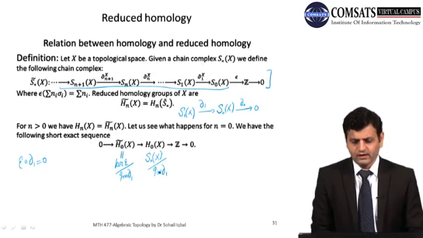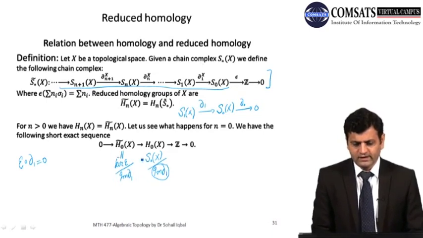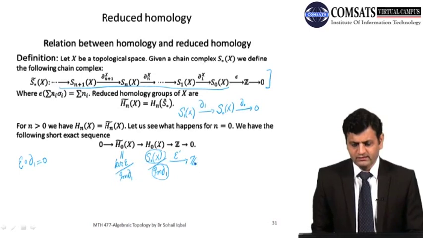So in other words, when I apply epsilon on the elements of the image of partial 1, then I'm going to get 0. And I can apply this epsilon on the elements of S naught of X and I will get integers. So there is a well-defined map given by epsilon, let's call it epsilon prime, which starts from H naught of X and goes to Z. This is the map defined from epsilon.